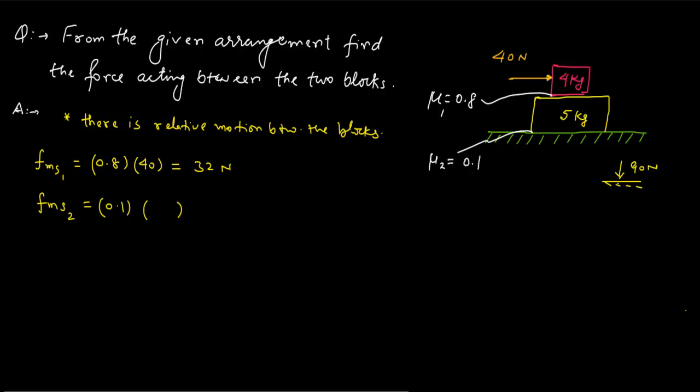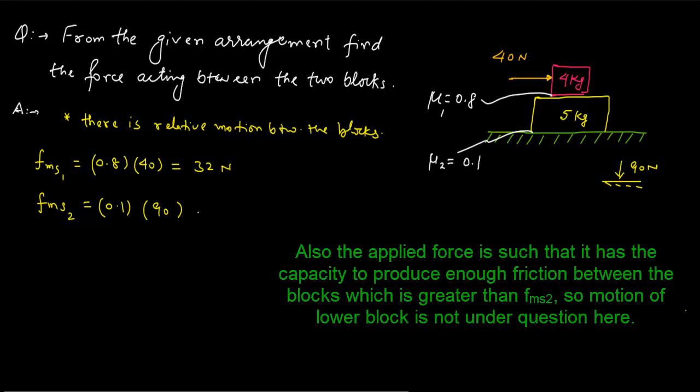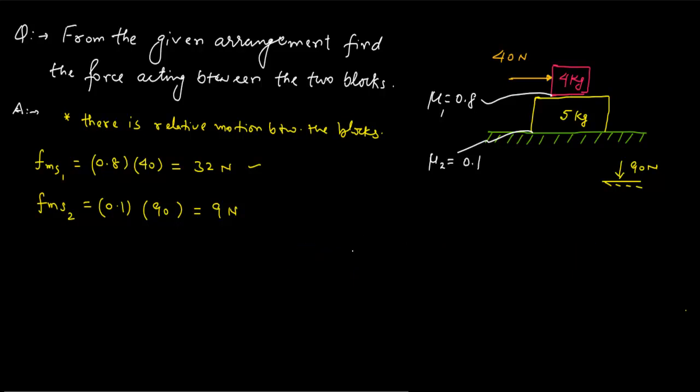So action is 90, so reaction is also 90 Newton. So this gives you 9 Newton. Now unless the force between these two blocks reaches this value, these two blocks move together with a common acceleration. Clear? Now let's check whether this state can be achieved here between the blocks.